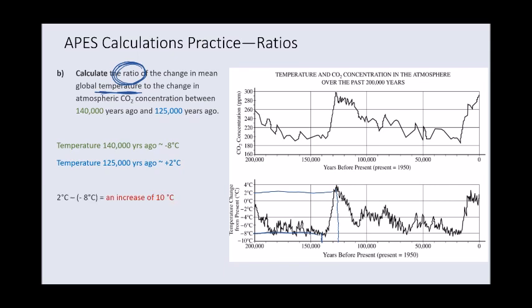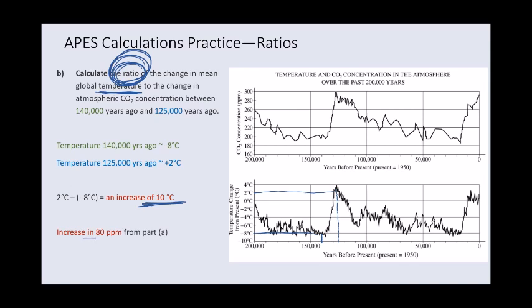So what is the actual change? 10 degrees Celsius. So in the same time period that we got for the CO2 concentration change, we now know that there was an increase of 10 degrees. But we have not answered the question yet because we still need to know the ratio of the change.